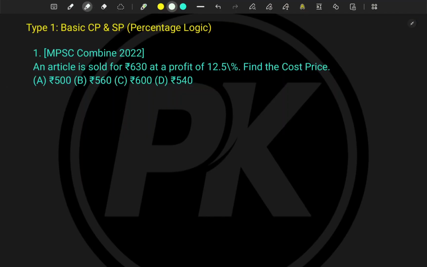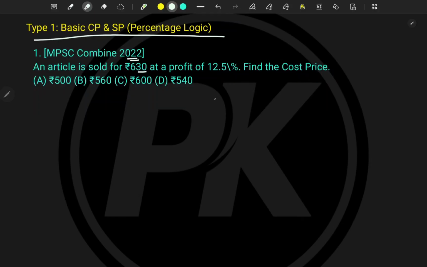So with this example, we are starting with our type 1, which is basic cost price and selling price, which is a percentage logic. And just now I have said, okay, we are not going to use the formula which we learned just now. Okay, so here, now this example is from MPSC Combined 2022. An article is sold for 630 rupees, right?